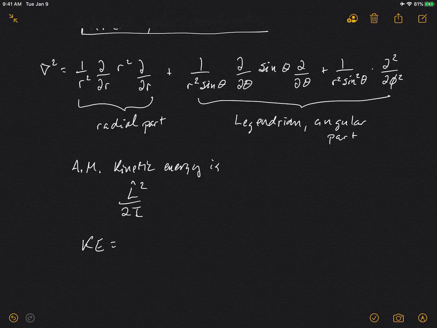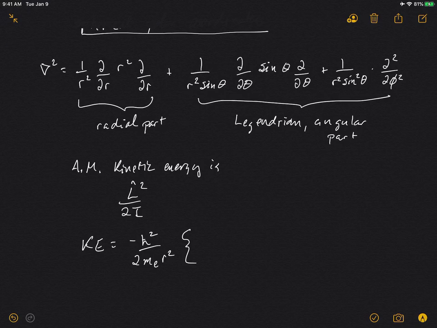First of all, we can pull out a factor of 2 times the mass of an electron times r squared, and that gives us minus h bar squared over 2 m_e r squared. So this m_e r squared, that is the moment of inertia.